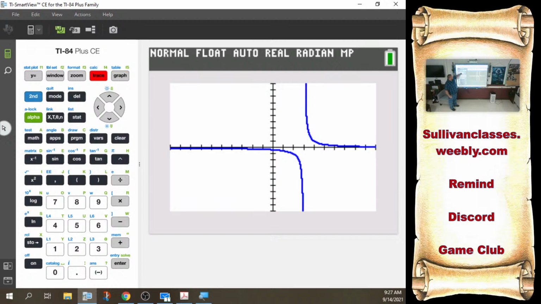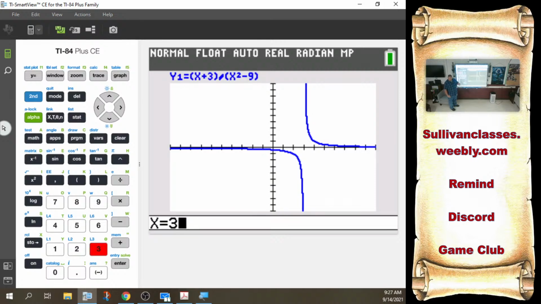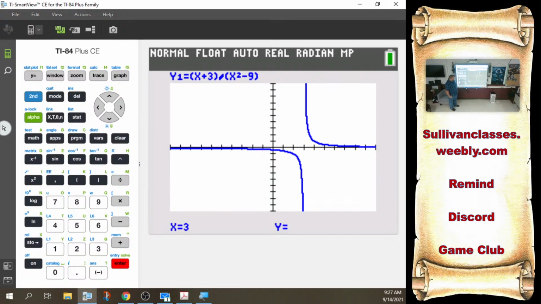If I were to trace this, and I said I want to trace it to x equals 3, this is another way you can plug in values. You can just trace them on the screen instead of using the table. At x equals 3, what do I got? Nothing. Okay, you know what? Let's just do our test right here then.